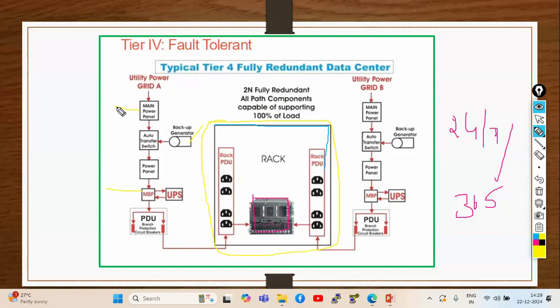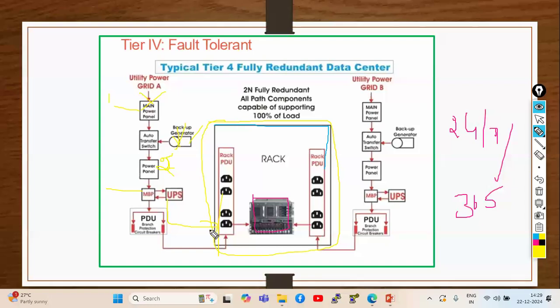It could be from a hydro plant or thermal plant or nuclear plant. This is one. For some reason, if this power fails, the generator will kick in and supply the power. So we have a second source of power, and if for some reason even the generator fails, we have a UPS to provide power to this side of the rack.